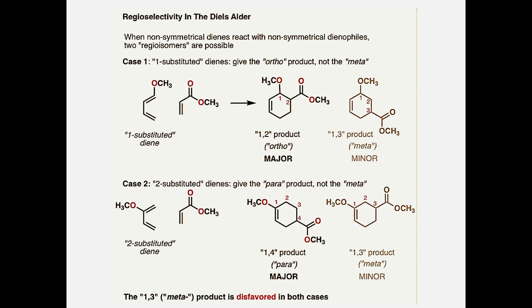In case 1, let me highlight this so it will be easier for you to understand, the one substituted diene gives the ortho product, not the meta one.